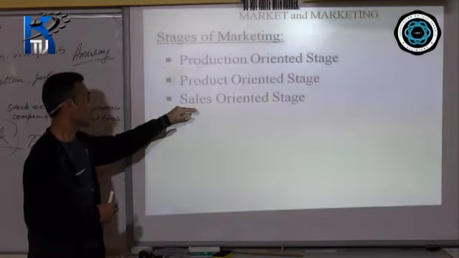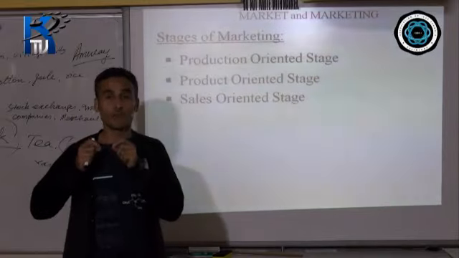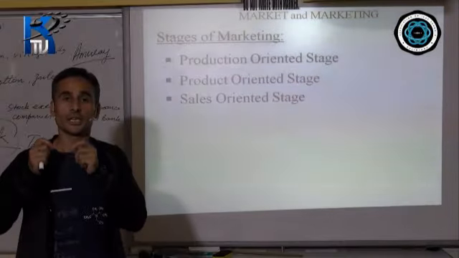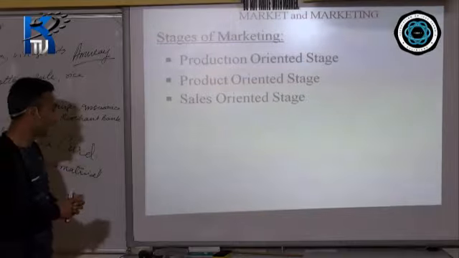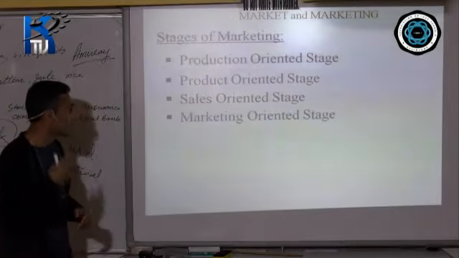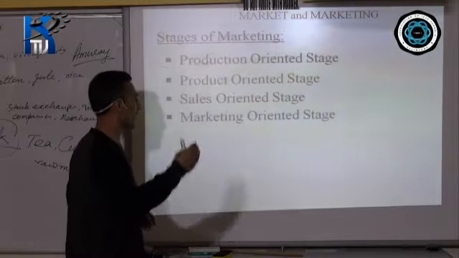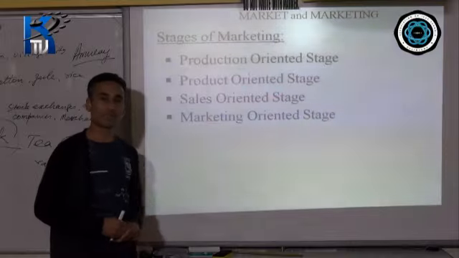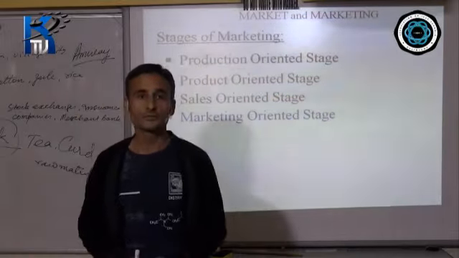Here, the manufacturers or the marketers started giving importance to the consumer. They felt that, yes, they now need the consumer. Then we step into the present day's marketing system called the marketing-oriented stage. Here, in this stage, we consider the consumer as the king.